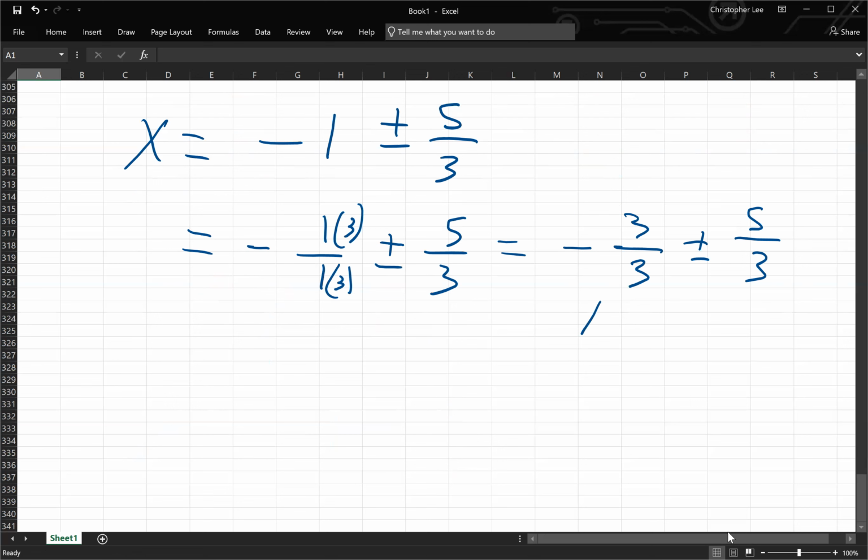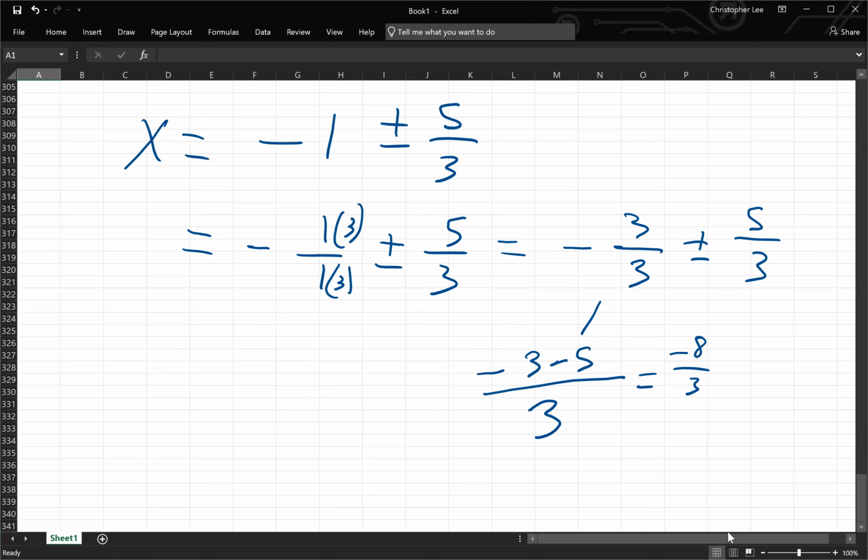One answer is negative 3 minus 5 over 3, which is negative 8 over 3.